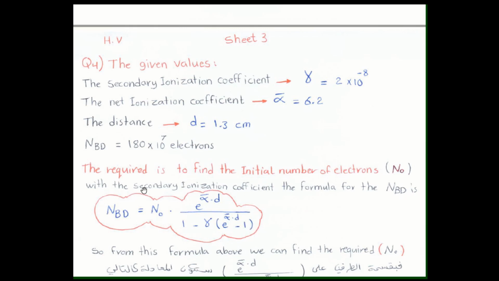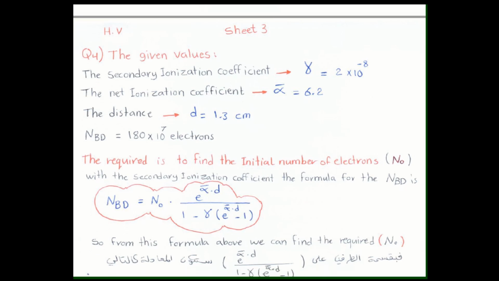So from this formula above, we can find the required N0.